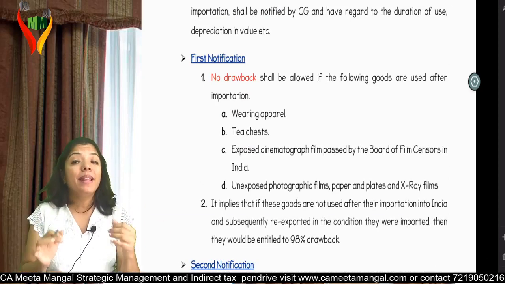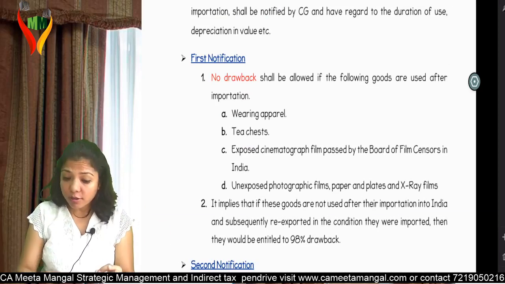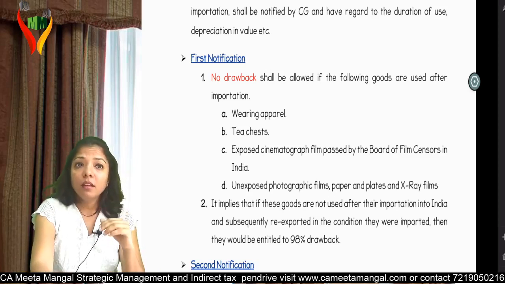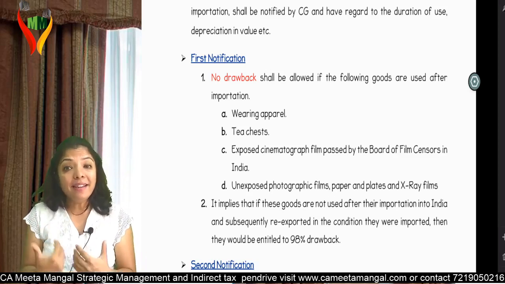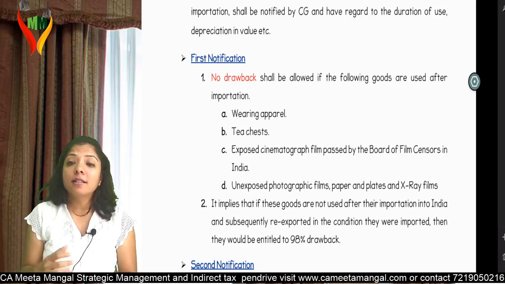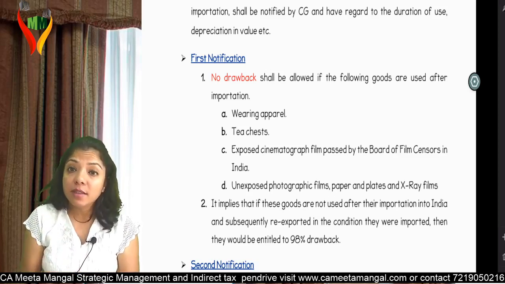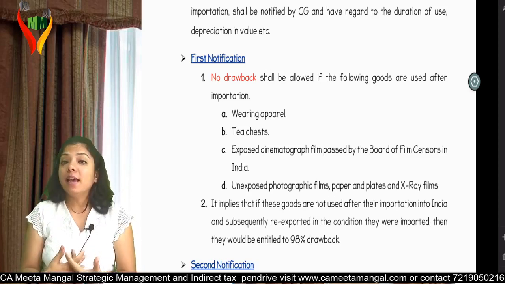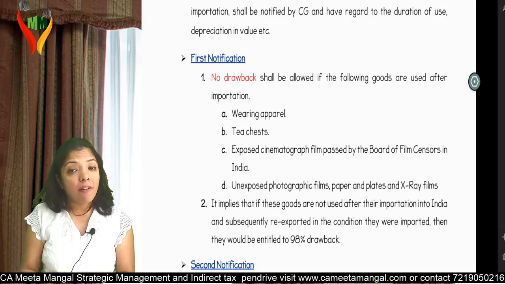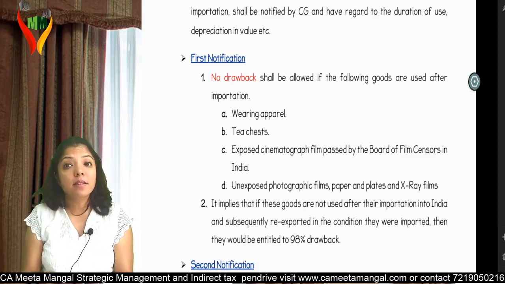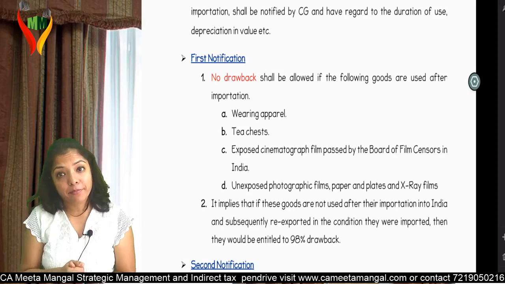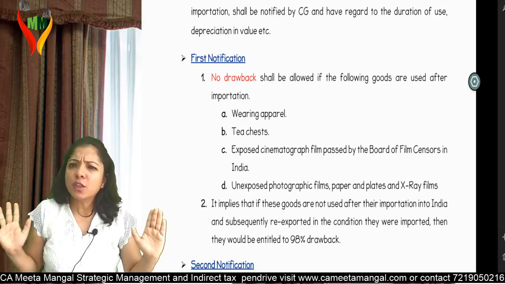And if I go with the latest paper pattern, they're asking scenario based MCQs, case study based MCQs. You may have a case study based MCQ on the duty drawback topic. They may give you a full-fledged question.